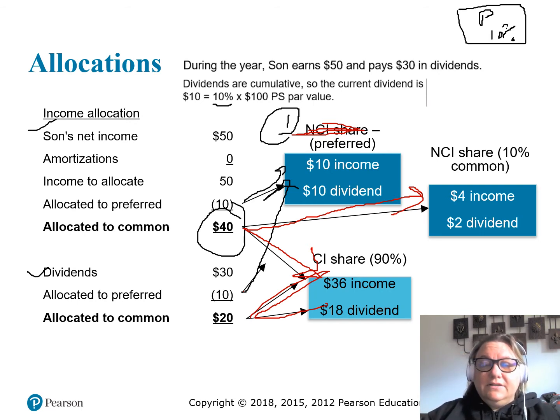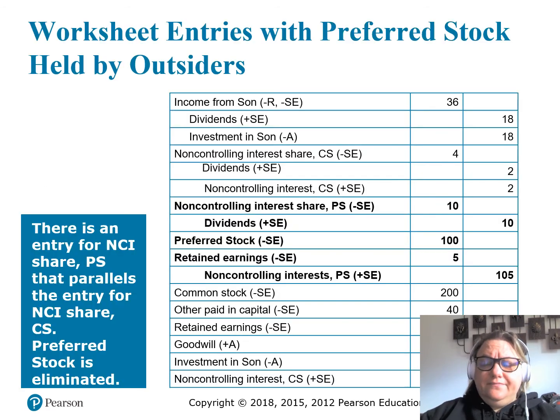So here's a little tidbit. 90%, when you have the rest of the common, they get 18, and they're supposed to get 36 in the income. All right, so that kind of kicks you out between the income and the dividends, and the common and preferred. Make sure that you kind of follow this a little bit. Scratch this out. It's confusing. Make sure you don't forget the 10% that goes to NCI.